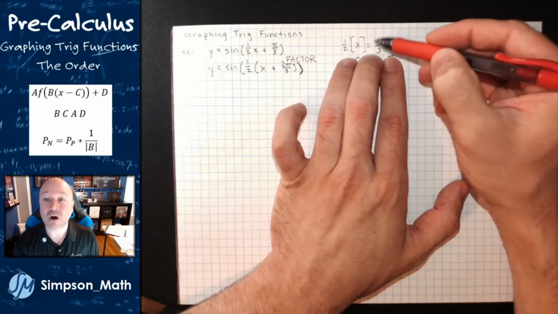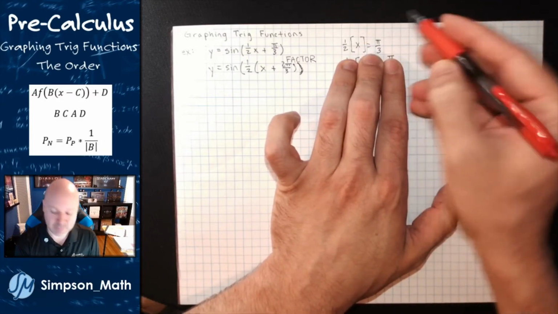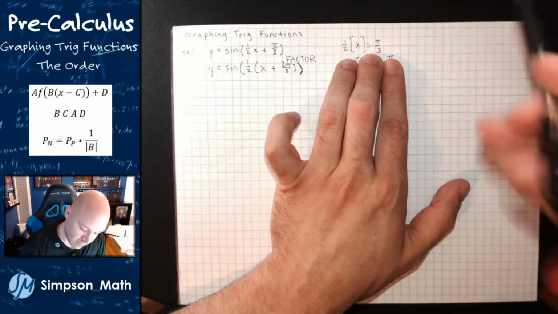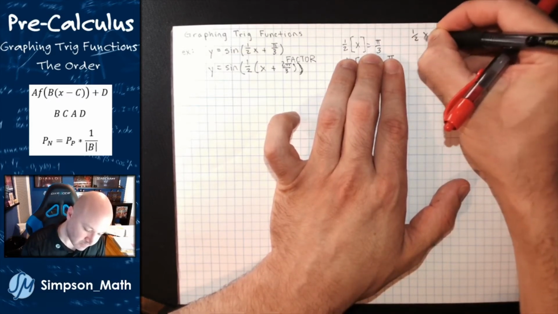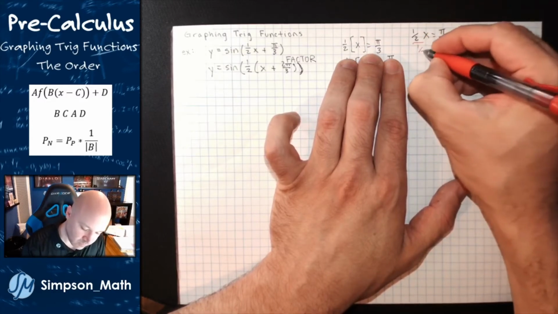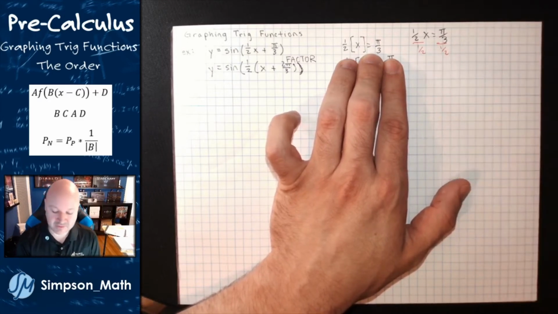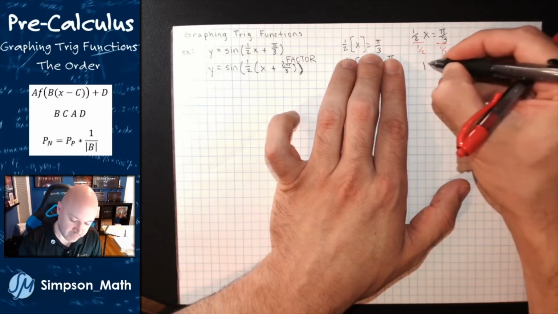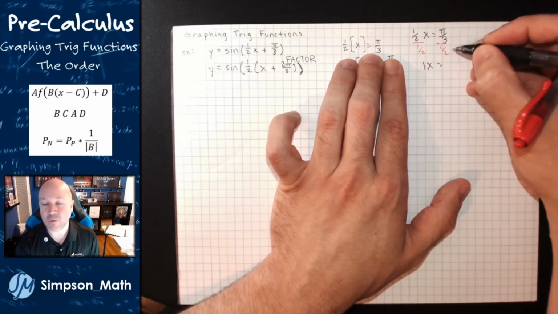So if I want to solve this equation, I can divide both sides by 1/2. Well, 1/2 divided by itself is just going to be 1. And then pi thirds divided by 1/2.